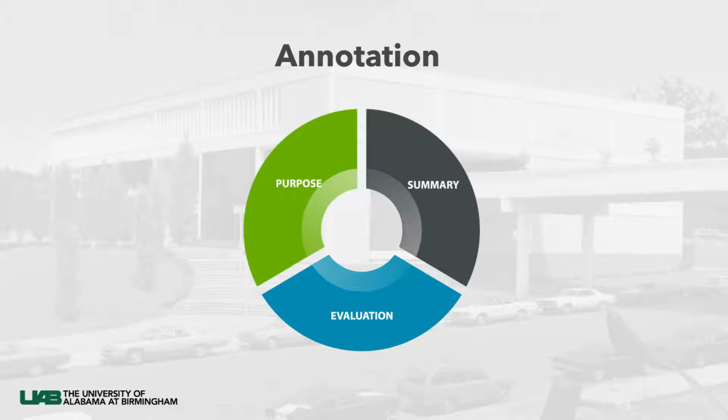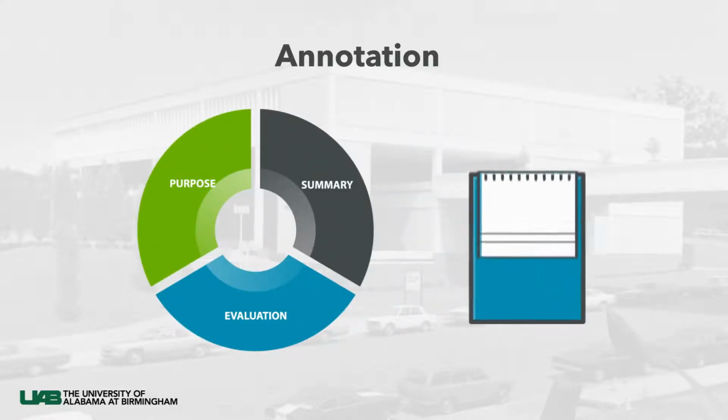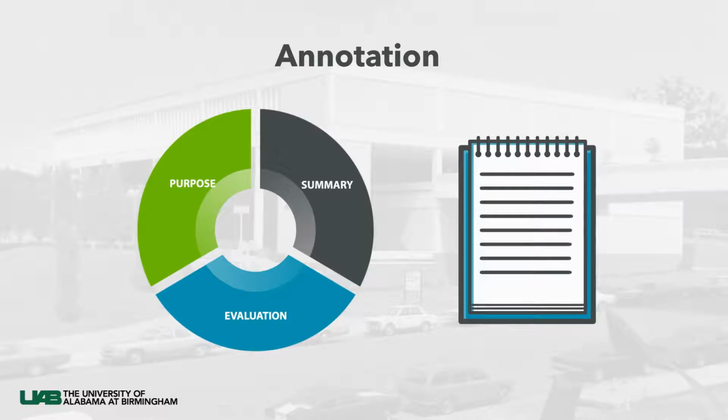I would suggest writing no more than a paragraph or two for each section in the annotation. And remember, this is for you. So if you compose a well-written paragraph for each of the sections, you may be able to use that paragraph in your final research paper, which means you would have one less paragraph to write as you compose your final assignment. These are the three parts of an annotation.